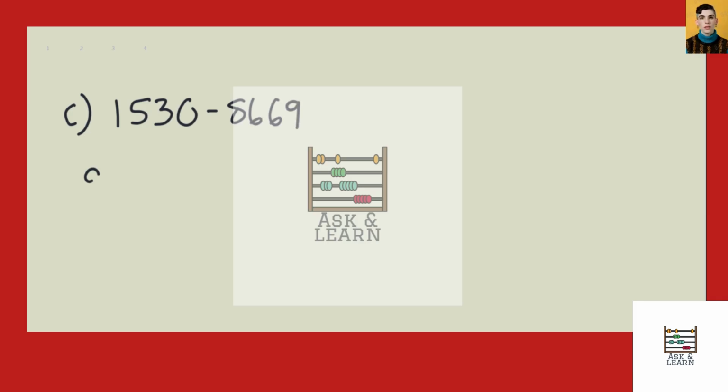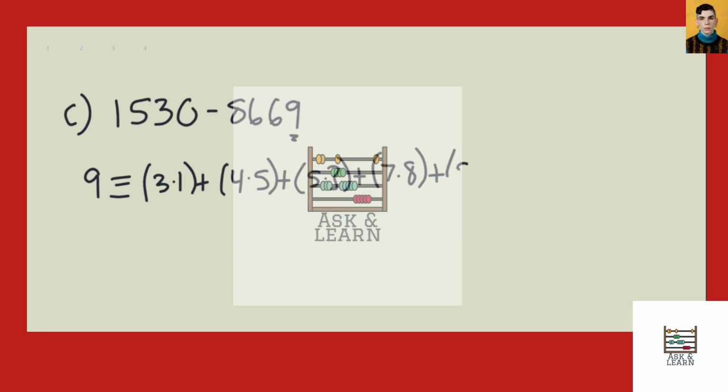So we want to see if our check digit 9 is indeed the same as 3 times 1 plus 4 times 5 plus 5 times 3 plus 6 times 0 plus 7 times 8 plus 8 times 6 plus 9 times 6 mod 11.